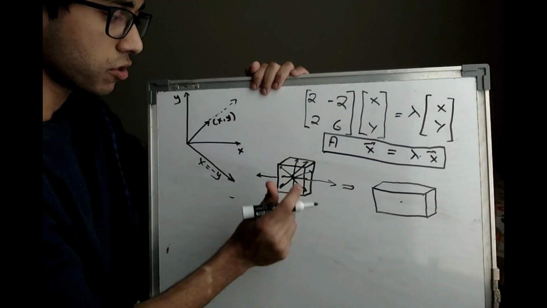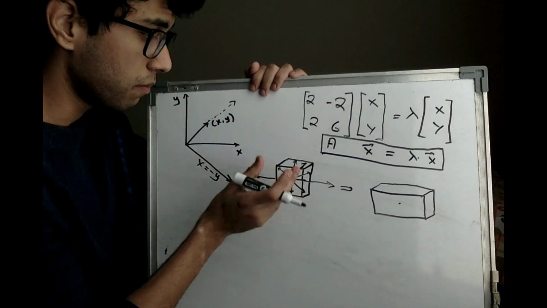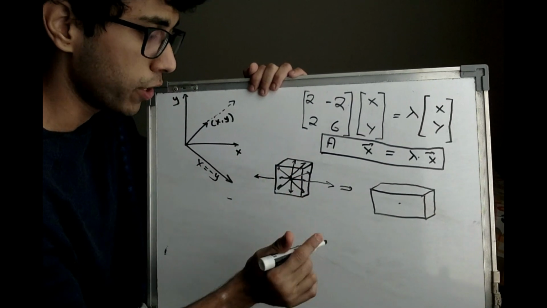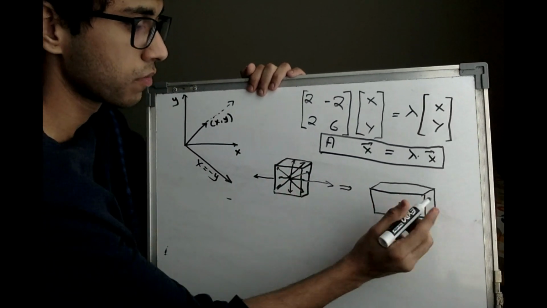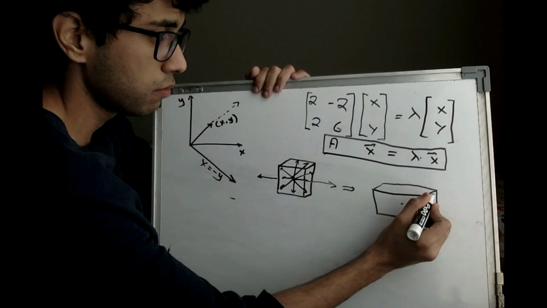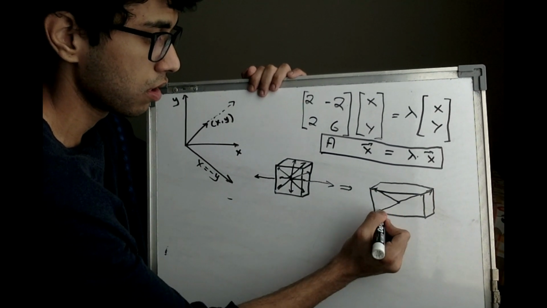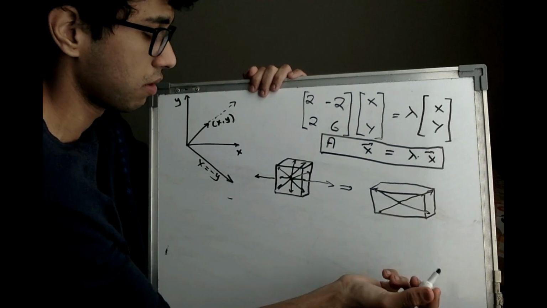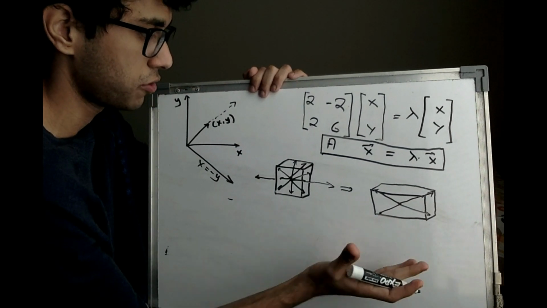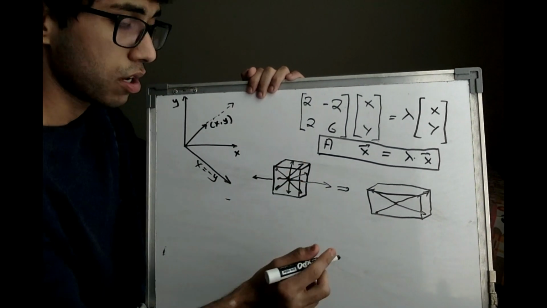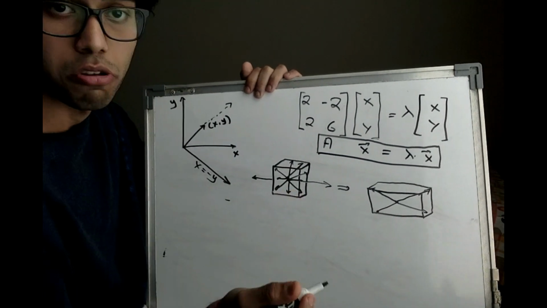But now most of the vectors will change their direction after I apply the force. So this vector will become this vector, which is now pointing in a different direction because the cube's dimensions have changed. But there are also some vectors that will not change in their direction.